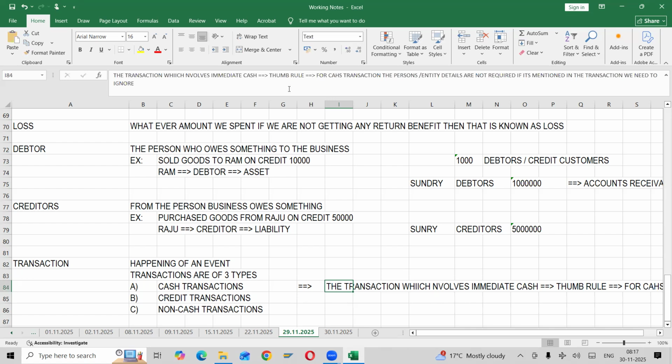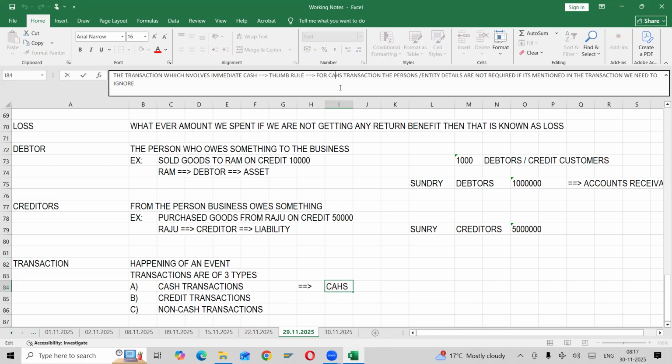And what is the thumb rule of cash transactions? For example, you went to a restaurant, had your breakfast, lunch or dinner, and paid immediately. Does he require your details? Absolutely not.